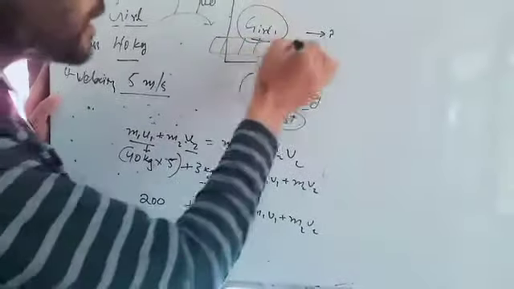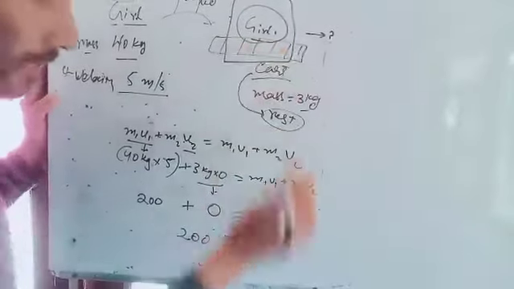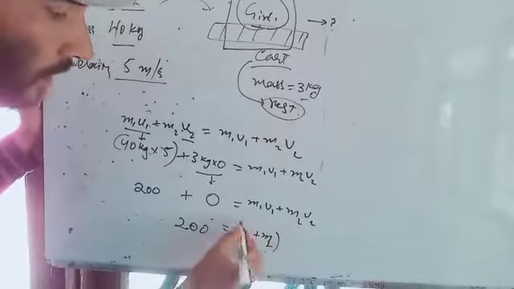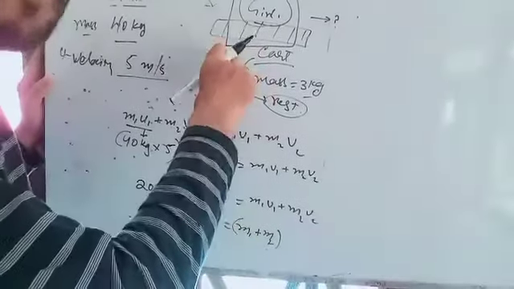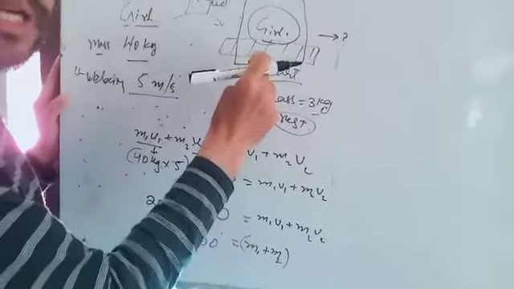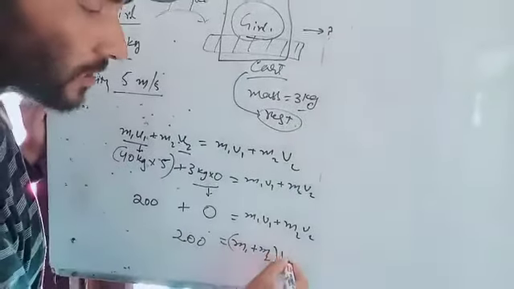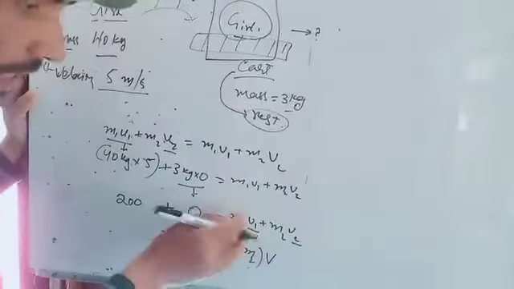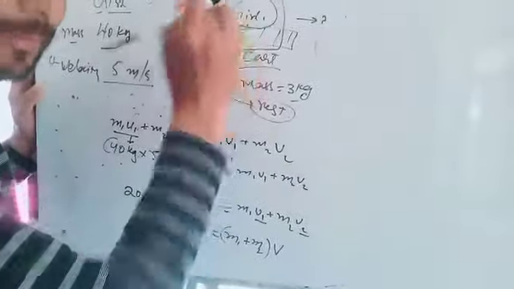It is one thing, and we have to calculate the velocity of the whole thing. That means masses m1 plus m2 now have the same velocity v, because they are combined. That means v1 and v2 are equal to v.